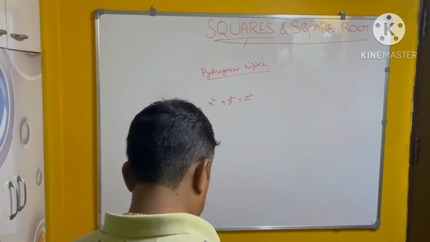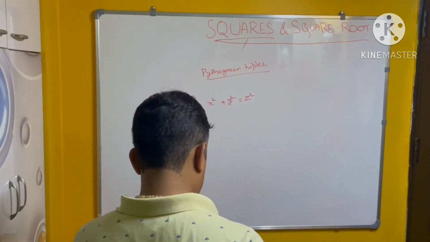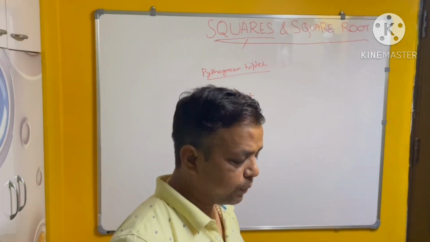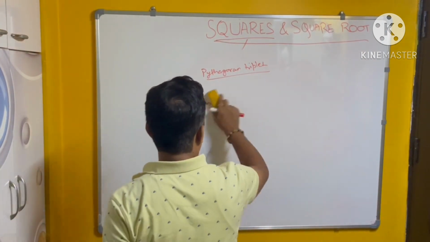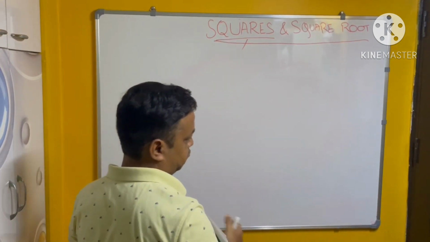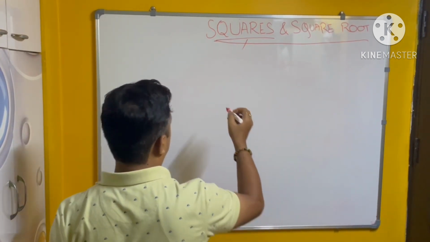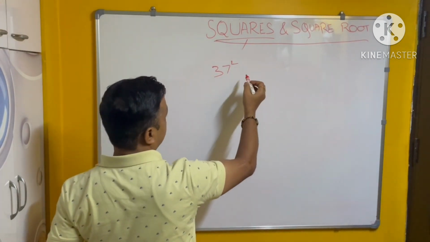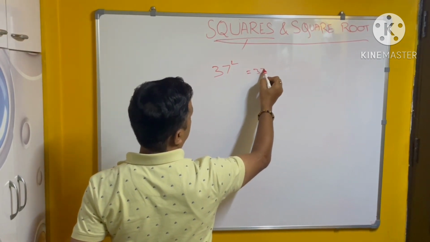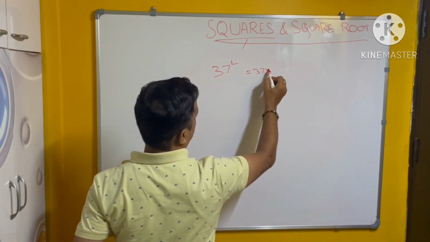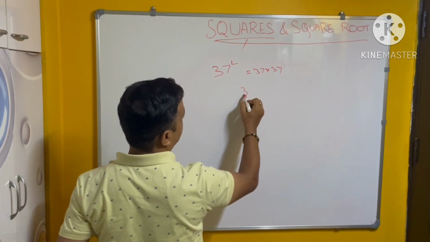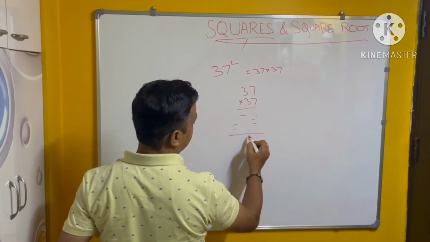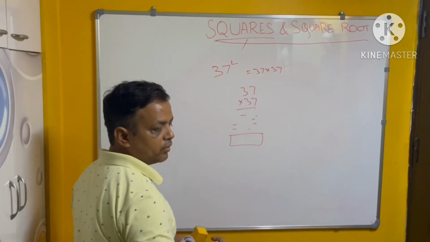Now we have some examples in the book. Suppose I want to know the square of 37. What you will do is multiply 37 into 37, do some calculation, and you will find the result, correct?